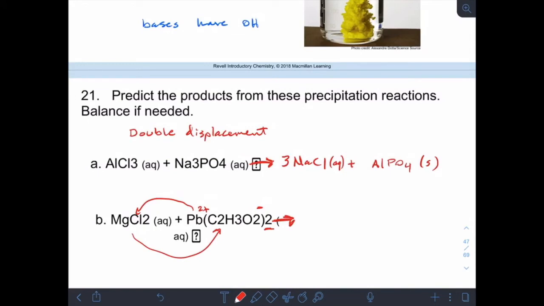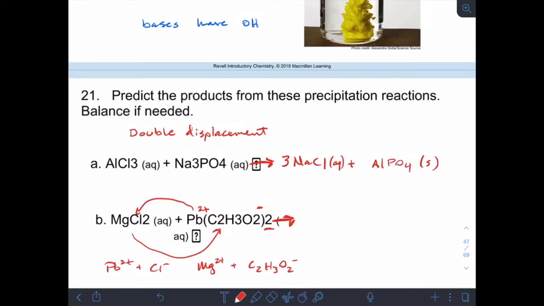Right, so I'm going to have a lead 2 plus and a chlorine minus, and I need to put those together correctly, and then I'll have a magnesium 2 plus and an acetate, C2H3O2, 1 minus. Okay, so we want to put those 2 pairs of things together correctly.